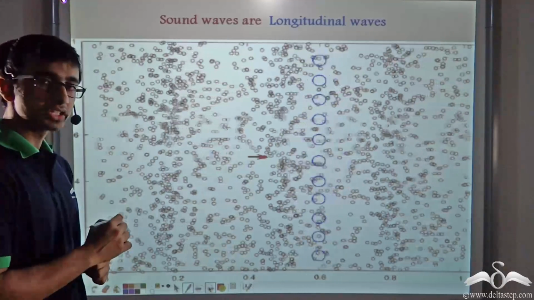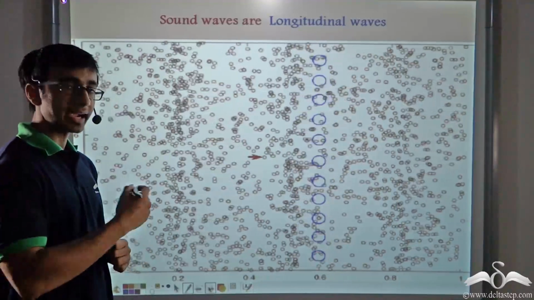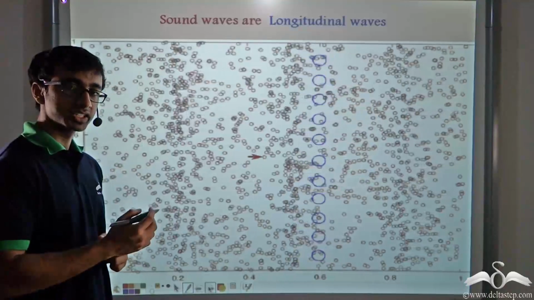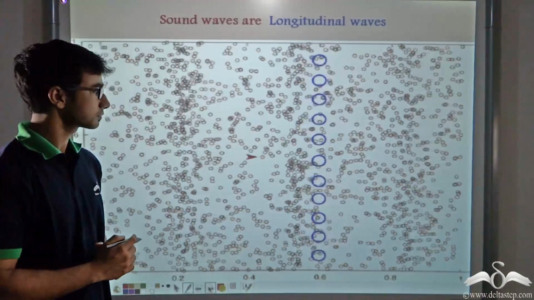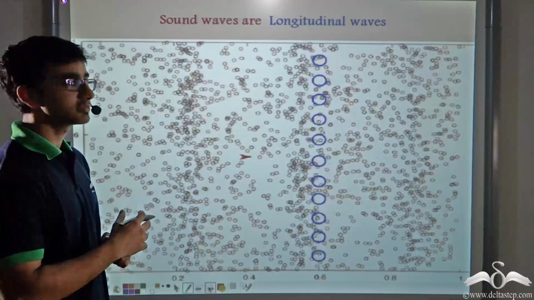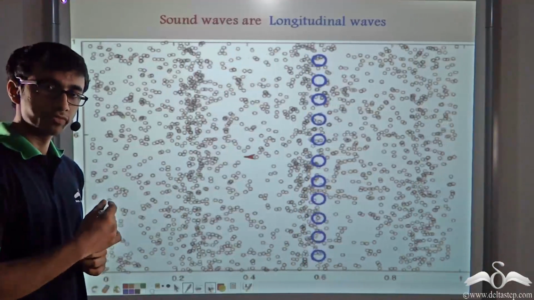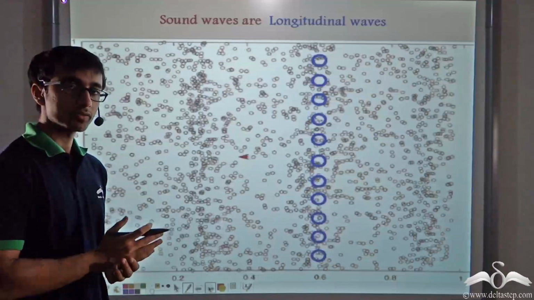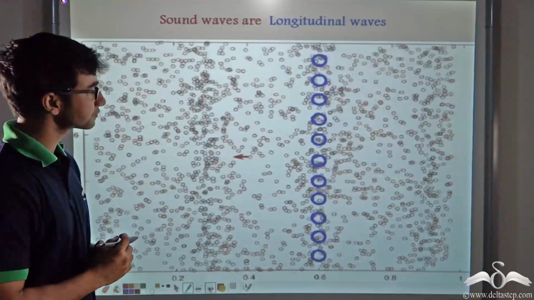If you closely observe it, you will find that that particle is vibrating back and forth in the direction in which the wave or the disturbance is traveling. Likewise, if you observe any other particle of the medium, you will again notice that they are also vibrating back and forth in the direction of the traveling wave. Thus, clearly, it is a longitudinal wave.